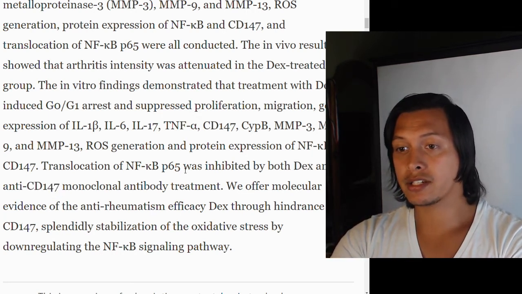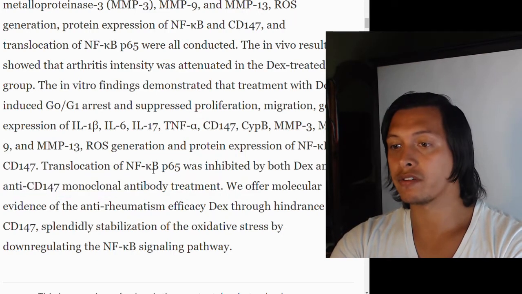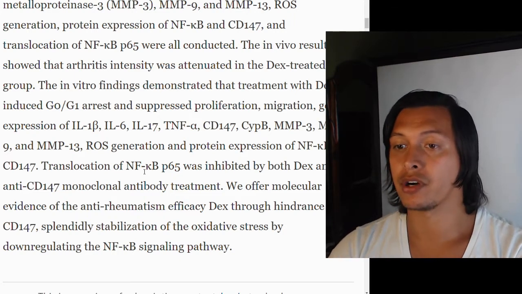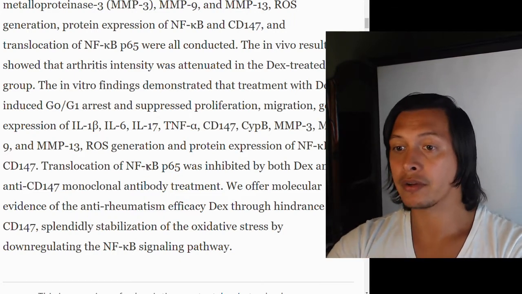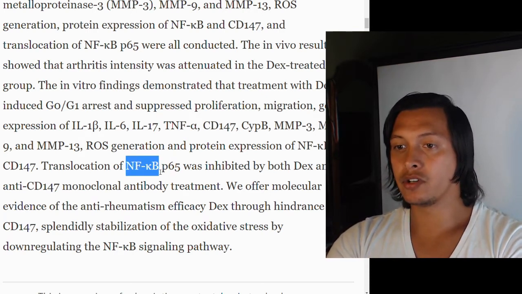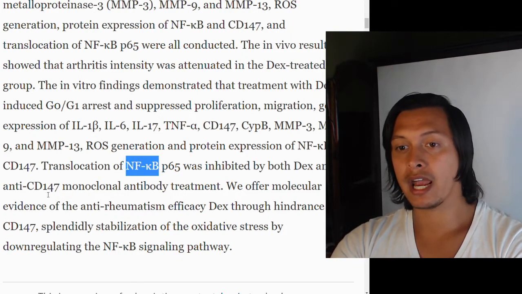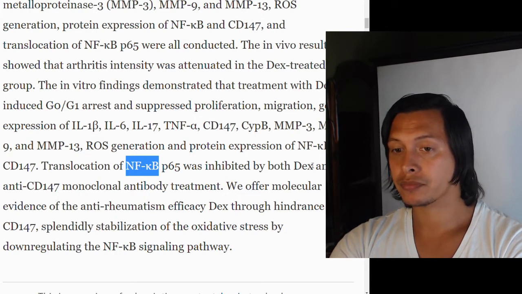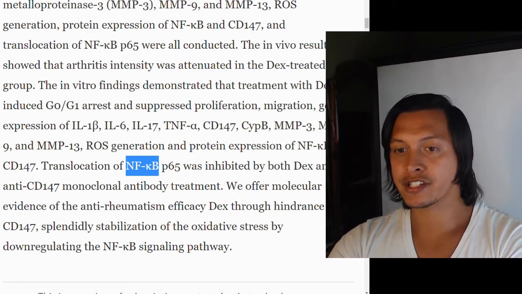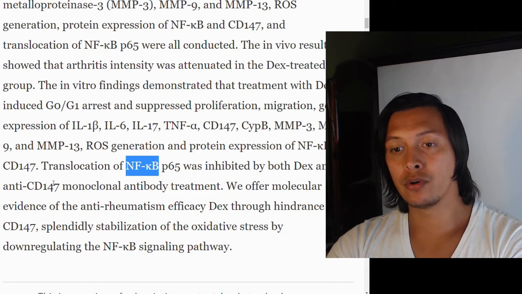So this would indicate to me that the translocation of that was inhibited, and as a result, everything was inhibited. What this says to me is that nuclear factor Kappa B will be inhibited by dexamethasone and the anti-CD147. So there is an indicator that dexamethasone is somehow influencing cellular signaling through CD147 in some way.